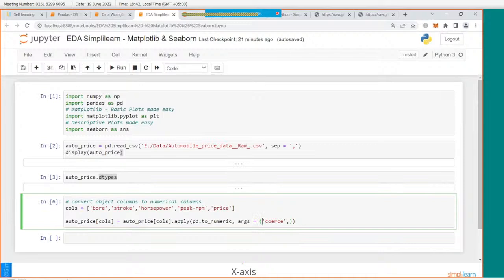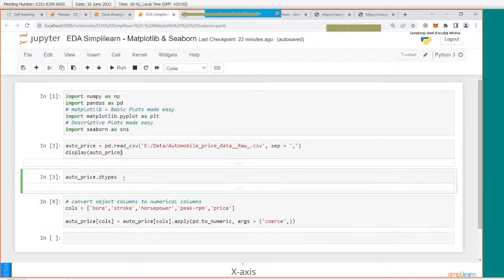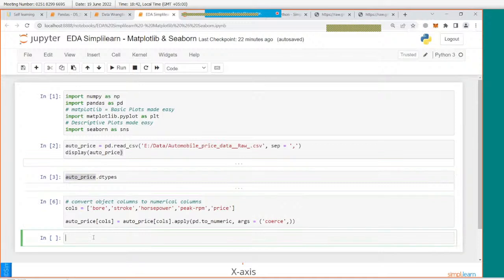Now after this, let's target our auto price and let's see our null values, is null sum.